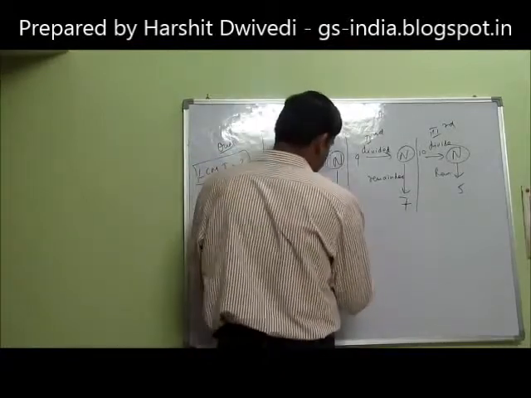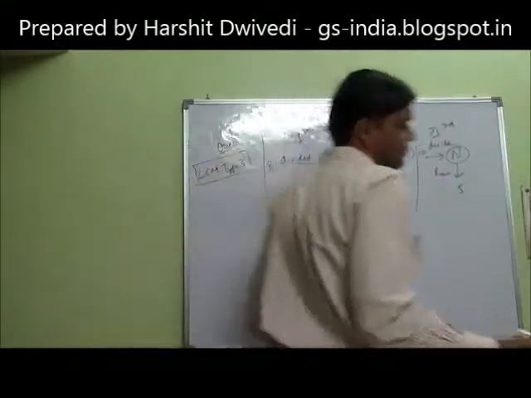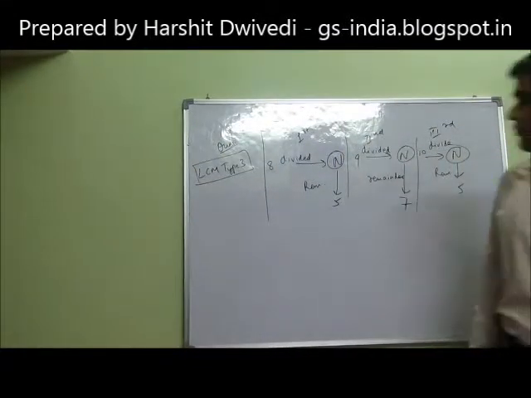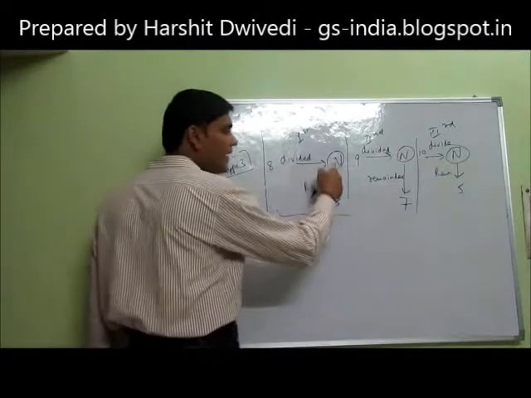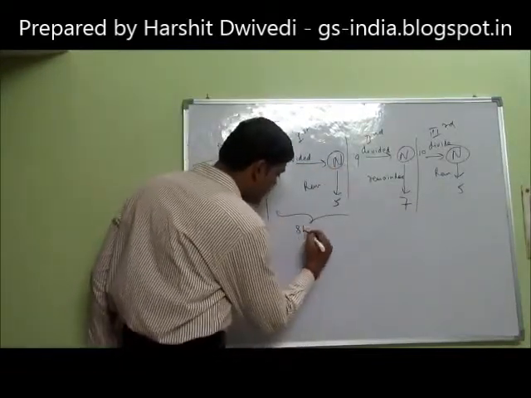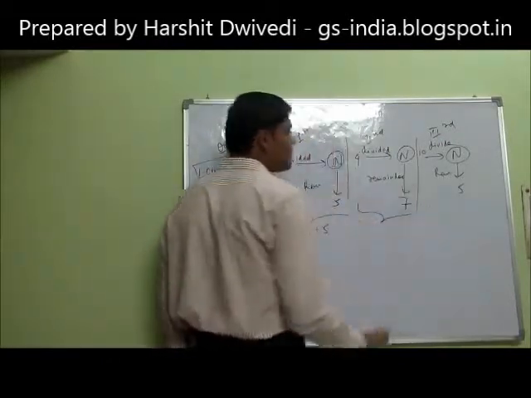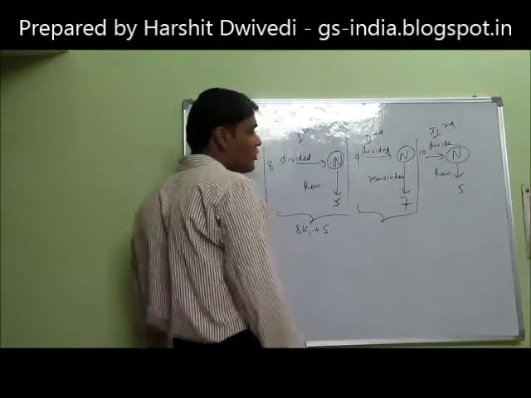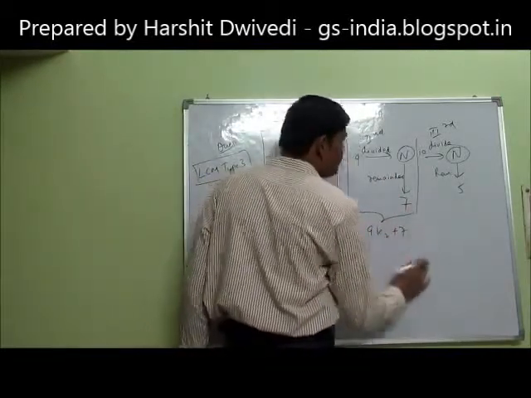How can we write this number n? n is divided by 8 and we got remainder 5, so I can write it as 8k1 plus 5. n divided by 9, remainder 7, so 9k2 plus 7.